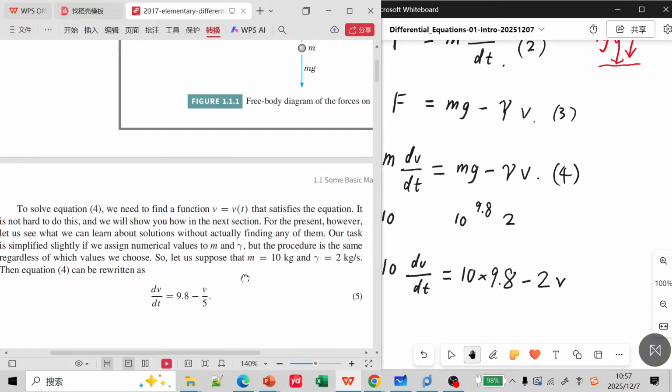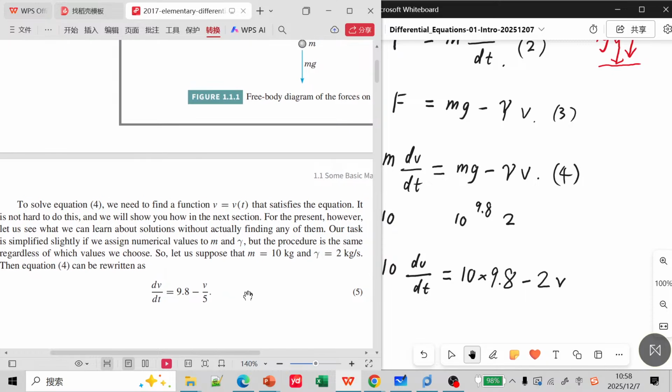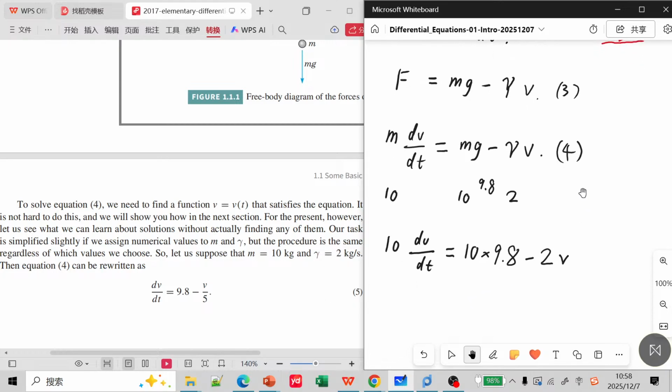So in this setting, finally, we can get this equation. And now we divide this equation on the left side and on the right side at the same time by 10.